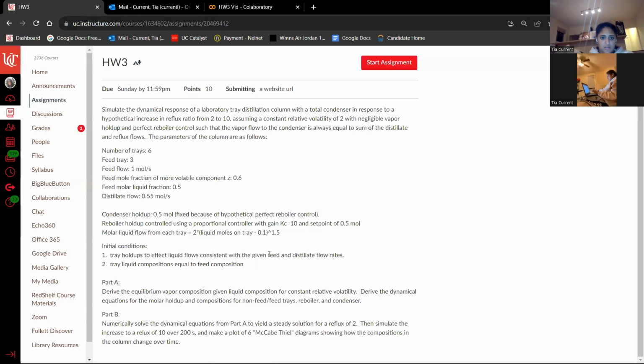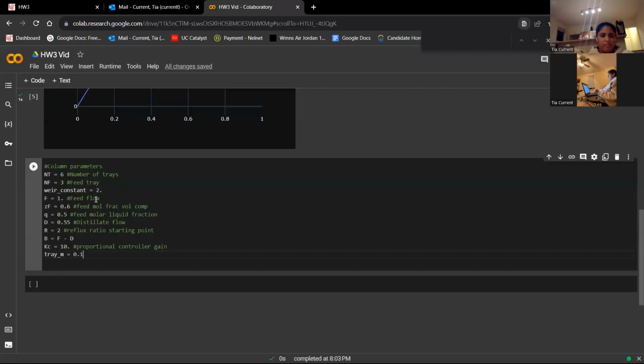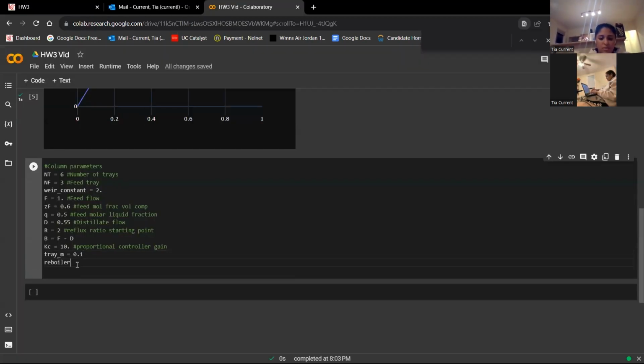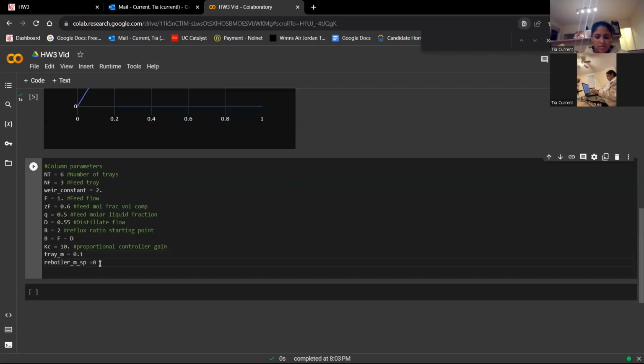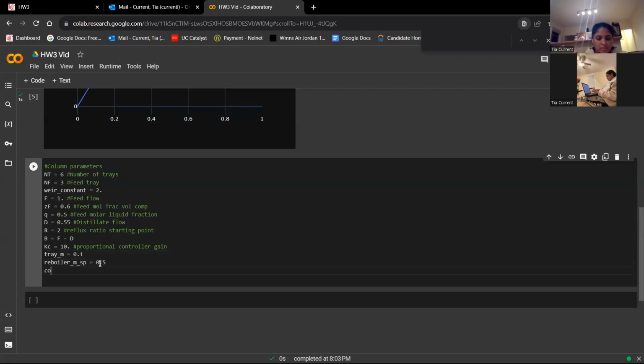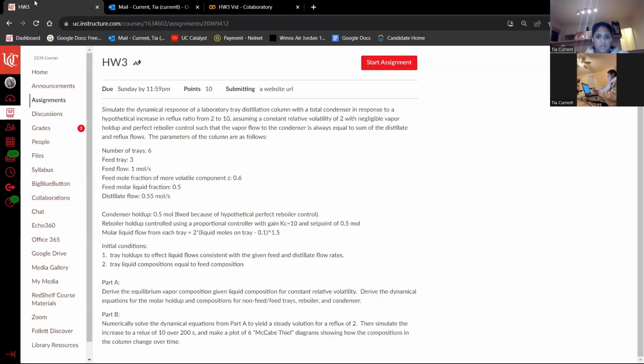That's my next thing, which is the molar holdup on the tray. So my reboiler M set point, molar holdup with the reboiler set point, is going to be 0.5. Condenser_M is also going to be 0.5.